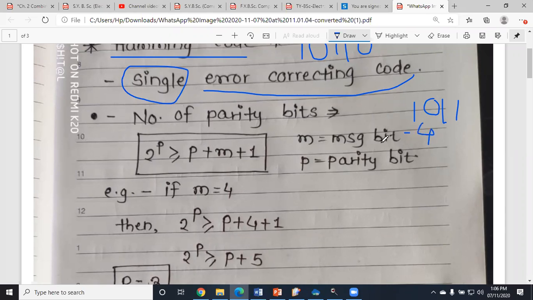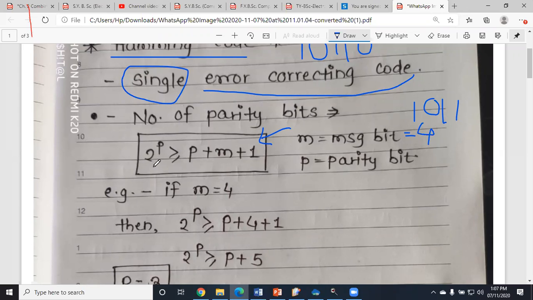So my message bits equal 4. Is the first point clear, where message bits equal to 4 comes from? Now what do we have to do? We have to identify the number of parity bits. How many parity bits are we going to add to this? To know that we are using this formula.